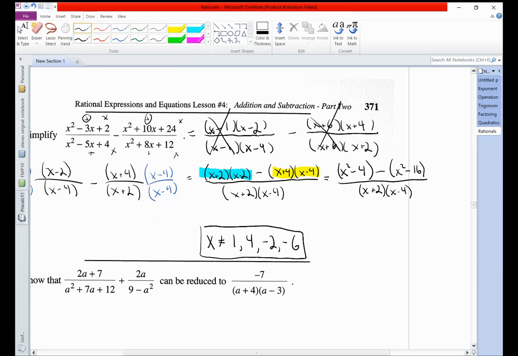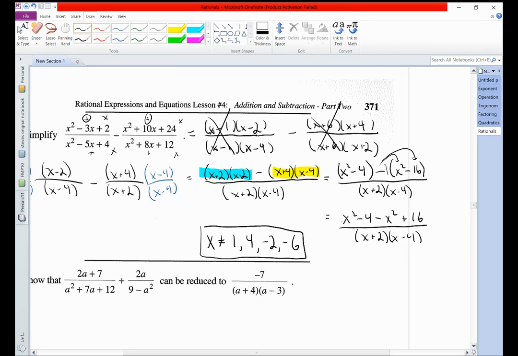So now we have, well, this -1 out here, so it's going to multiply into both of those. And we're going to get x squared minus 4 minus x squared plus 16 all over x plus 2, x minus 4.